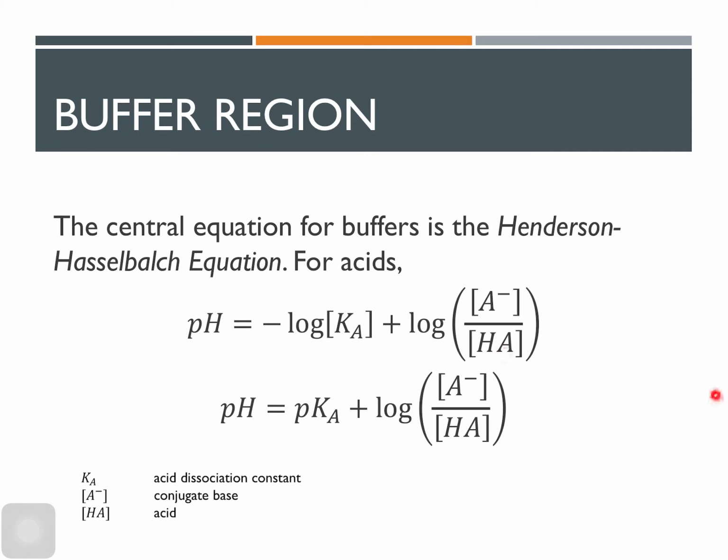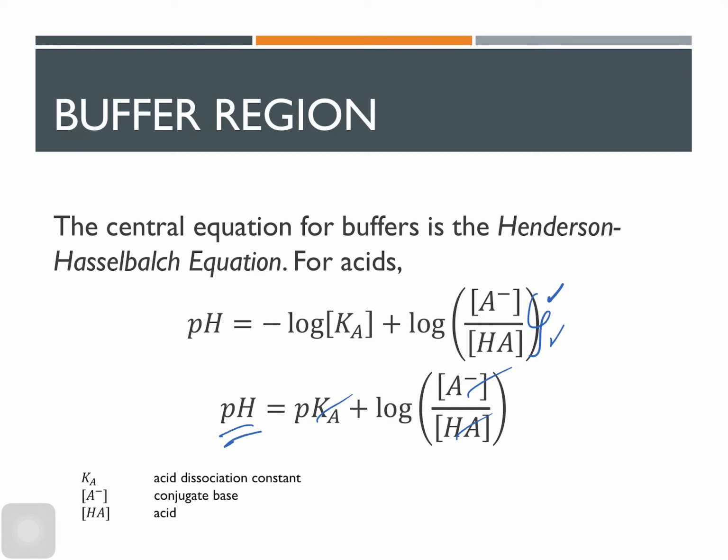And these two are very easy to solve for because they are already given in the problem. So using the Henderson-Hasselbalch equation, we do not have to do the ICE table process. We're just going to plug in this and this in our equation to get the pH.